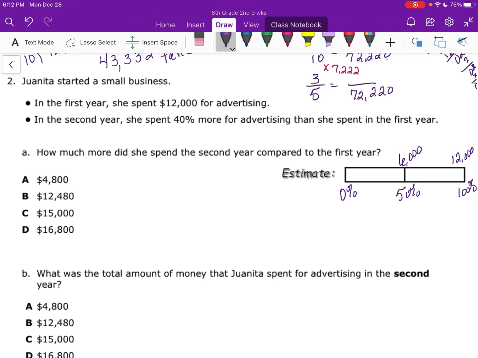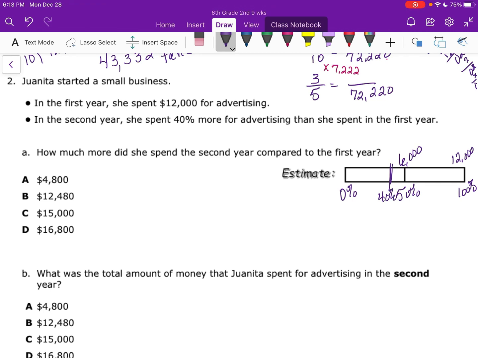If you don't know, go ahead and divide it. All right. And then, so 40%, she said 40%, right? So 40% would be about right here. So that means our answer needs to be less than 6,000, right? Because she spent 40%. Look at your answer choices.